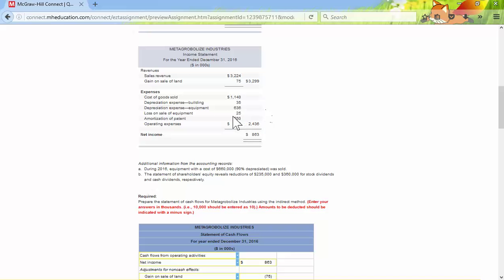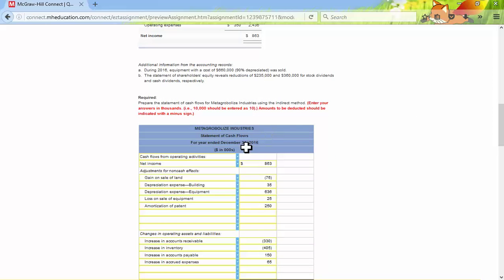So because they came from investing activities, they affect net income, we're going to add and subtract them back. So in the case of the gain on the sale of the land, it was an increase to our net income. We're going to subtract it out. We're going to be including it as part of the investing. And the loss on the sale of equipment was a subtraction to net income. We're going to add it back, and we will be taking it out and reflect it in investing.